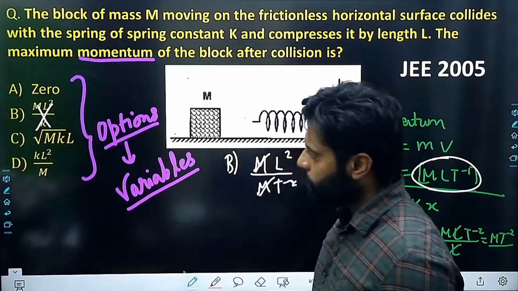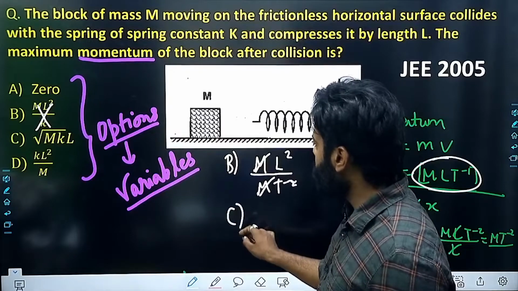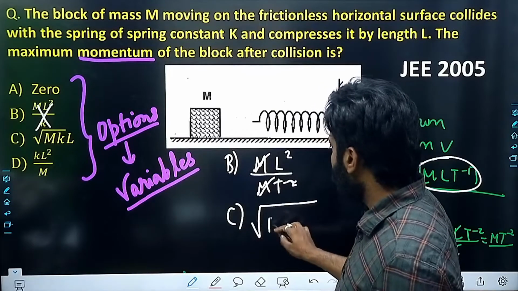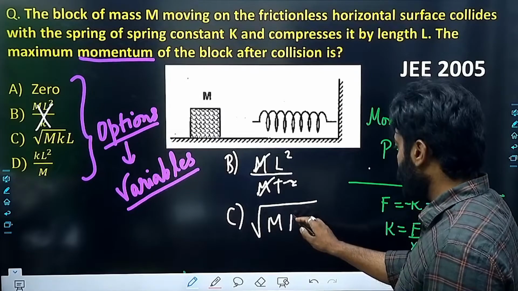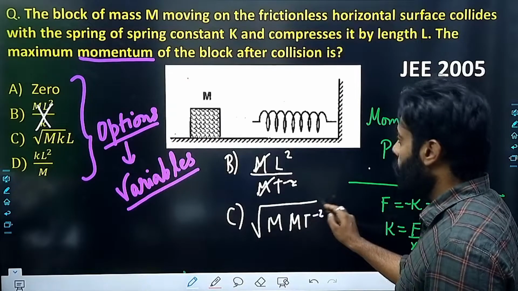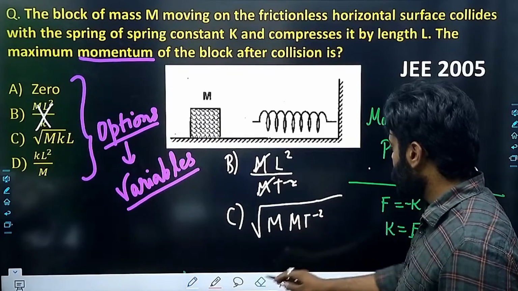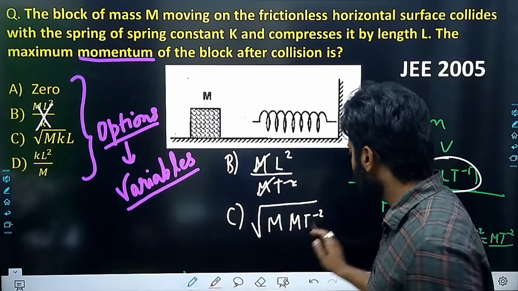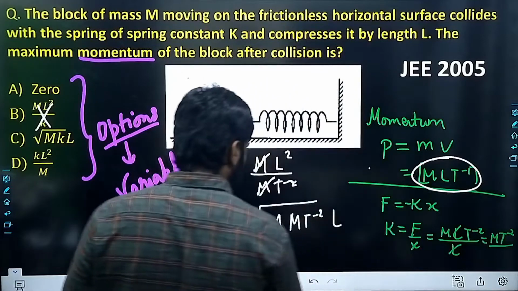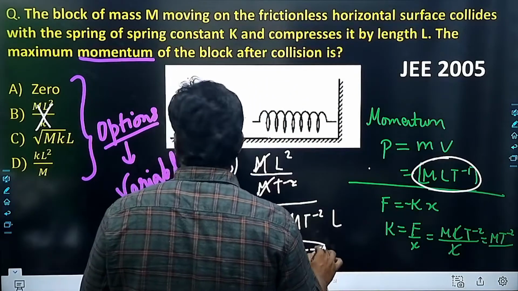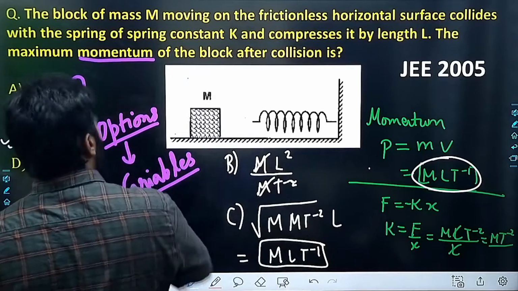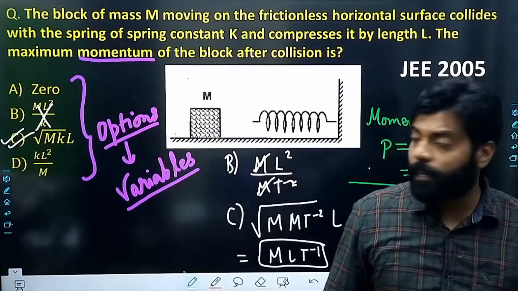Okay, that's so easy. If I go with C, then I'll be having this mass, the dimension of k is MT^-2, and the dimension of L is L. If I work it out, this will be MLT^-1. So this has the dimension of momentum, right? This can be the answer.